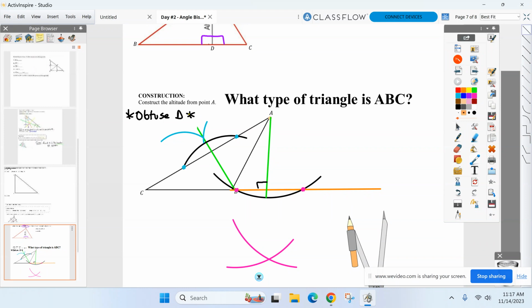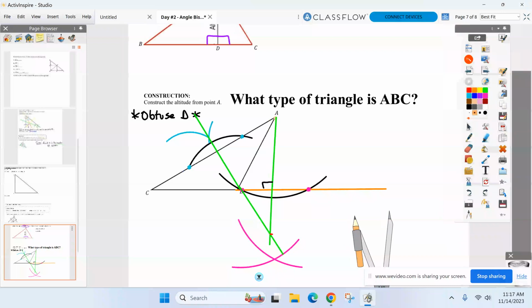I want you guys to see that they will. I don't want to make our diagrams a mess here, but they will be concurrent, okay? So we know that they'll intersect right down here.